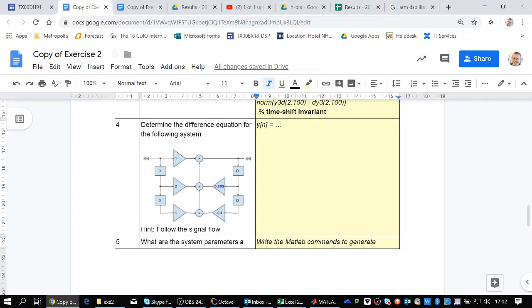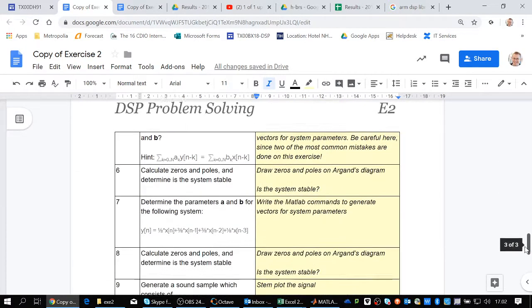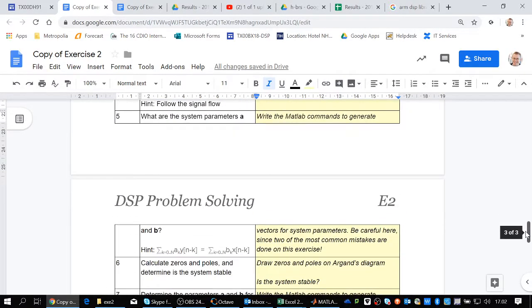The next part, system coefficients A and B. This is the place where most of the mistakes are made on this course. Draw it on the top.